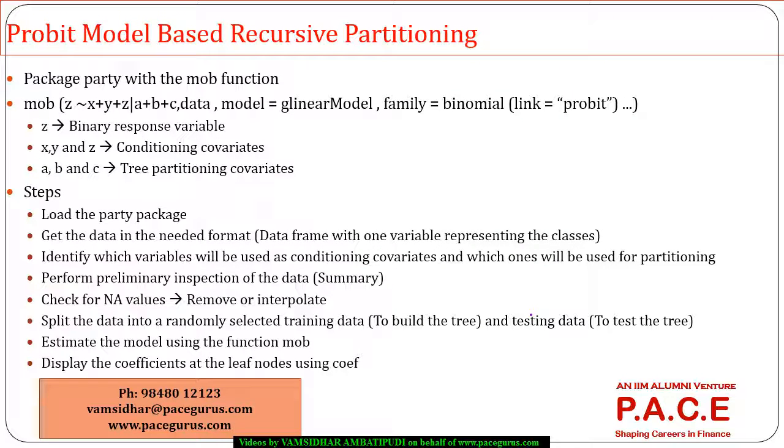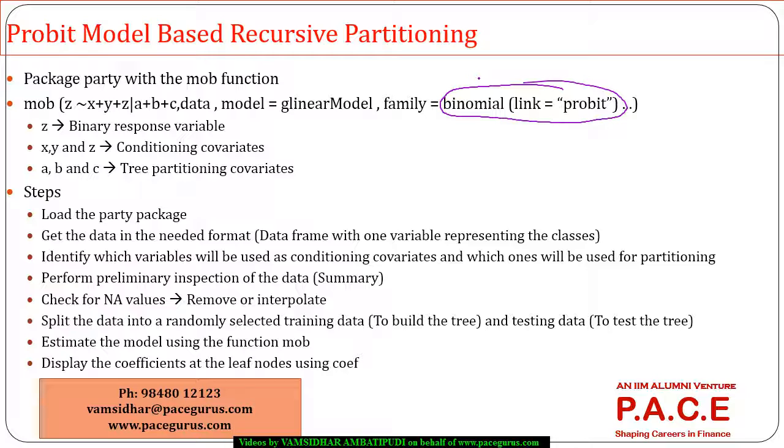Moving forward to the next one, which is a probit model based recursive partitioning. Let me tell you, everything is exactly the same as the logistic model based recursive partitioning. The only difference is the family that we are giving. The function, everything is the same.